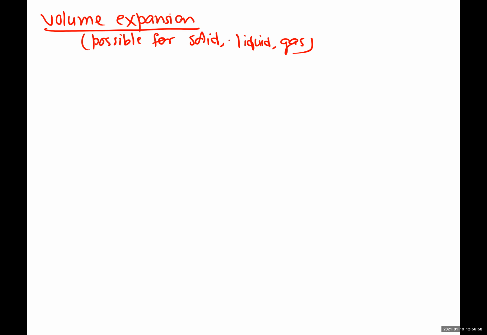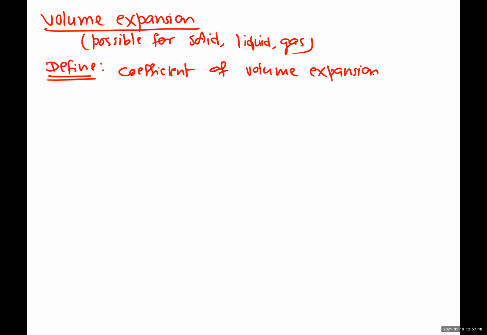So we define the coefficient of volume expansion, or volume expansivity, represented by the symbol beta.